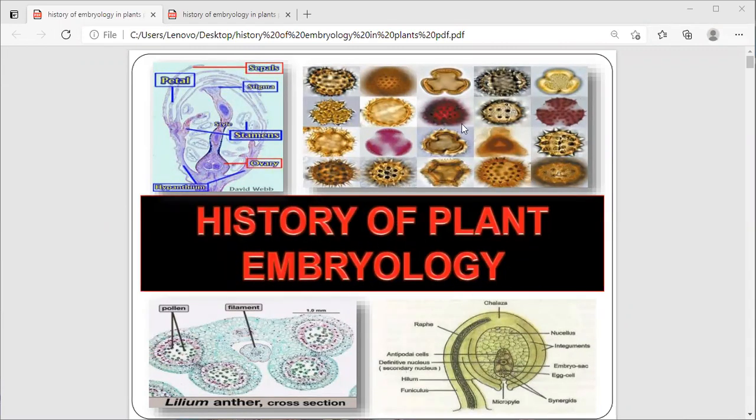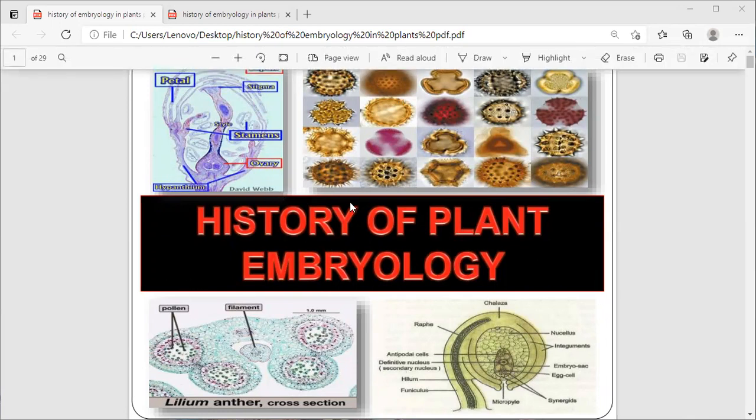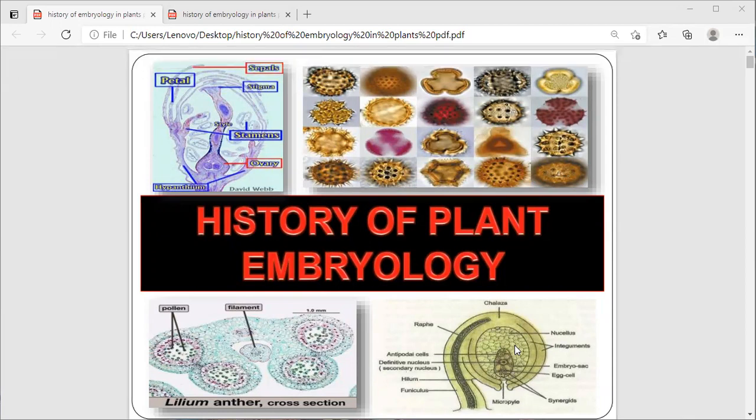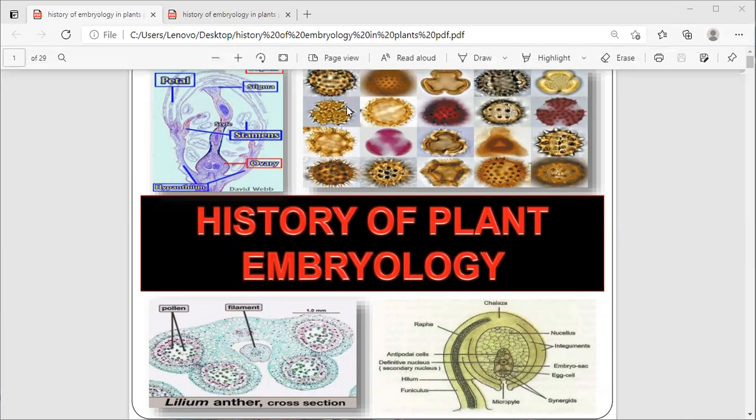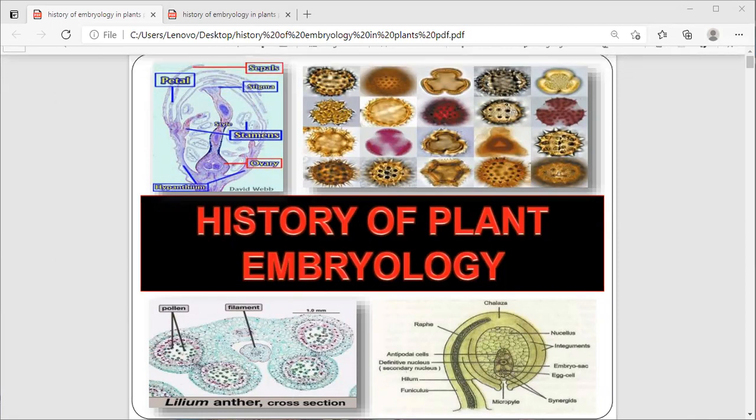Otherwise, you cannot get this kind of photographs or derive this information. Different kinds of ovules and different types of anthers are present. How the arrangement of the anther takes place, when you study this, you get an idea about these things. So that is what we call embryology.